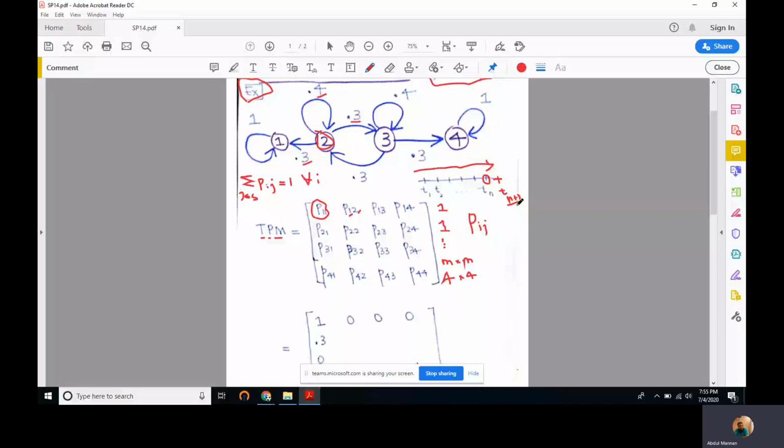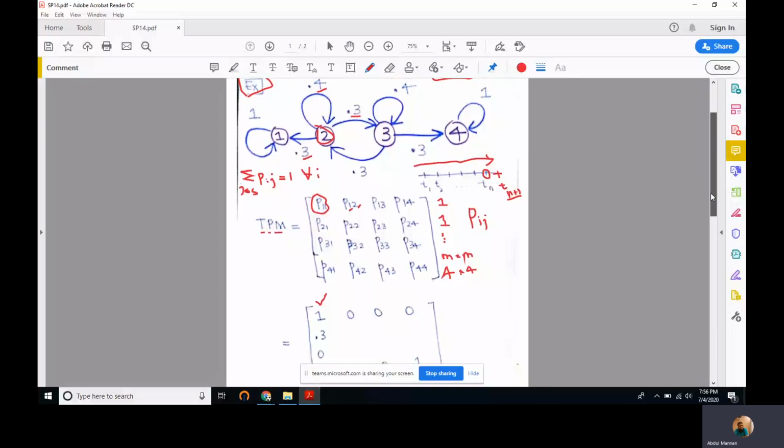It is 1. And what is the probability that we will be at state 2 at time n plus 1? It is 0, because there is no outgoing arrow, since the sum of all outgoing arrows is 1.